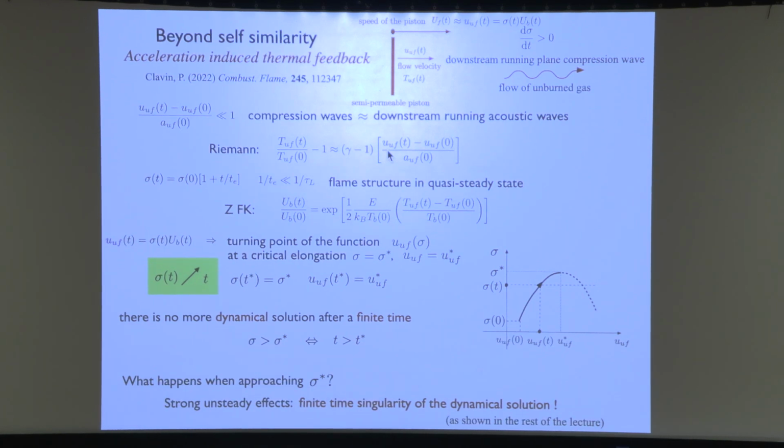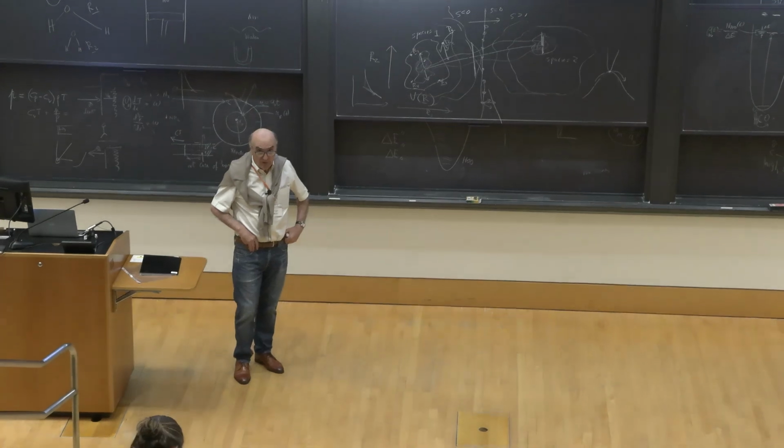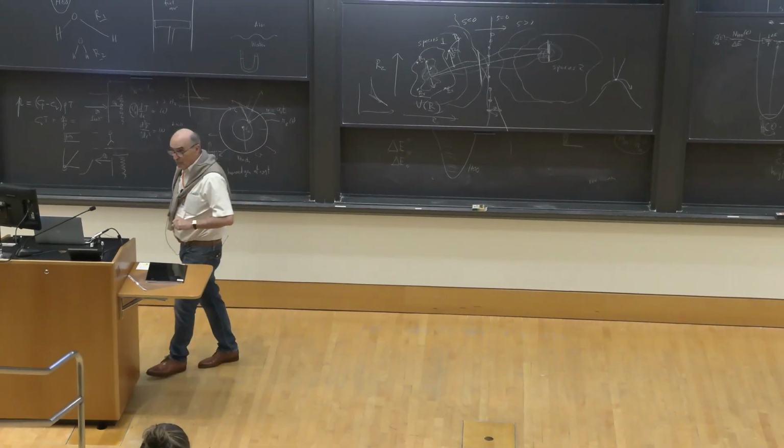In fact, what I am going to explain to you is that there is a finite time singularity of the solution at the turning point. Not exactly at, but around the turning point. It's not so difficult to anticipate that something dramatic is going to appear.